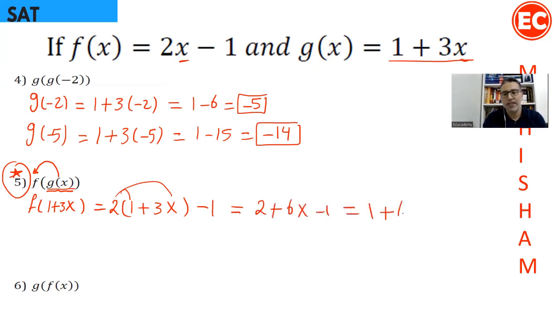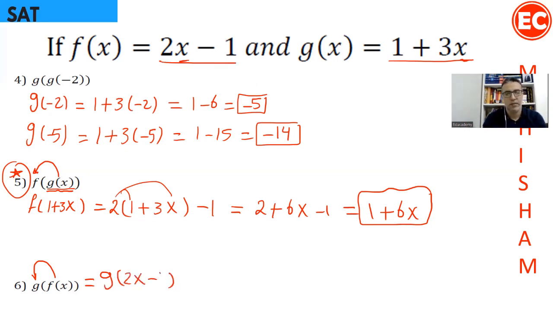So it's 1 plus 6x. What about g of f of x? G of f of x means replace f as a function into g. So it's g, and what is the value of f of x? 2x minus 1. So I'm going to replace this x with 2x minus 1.